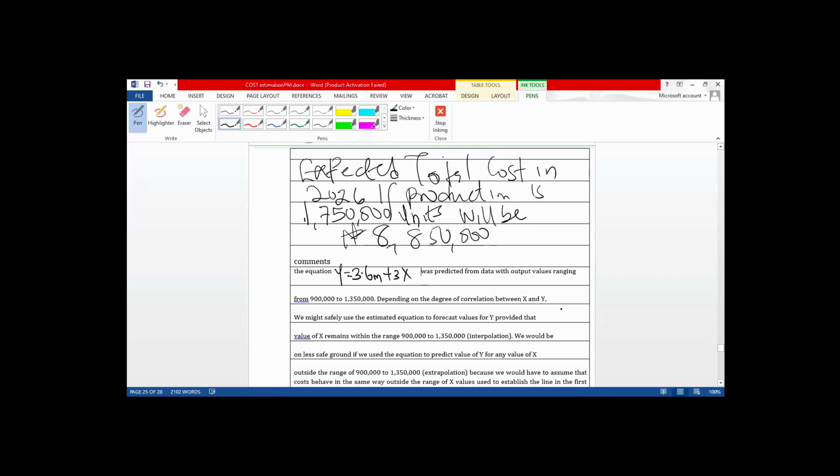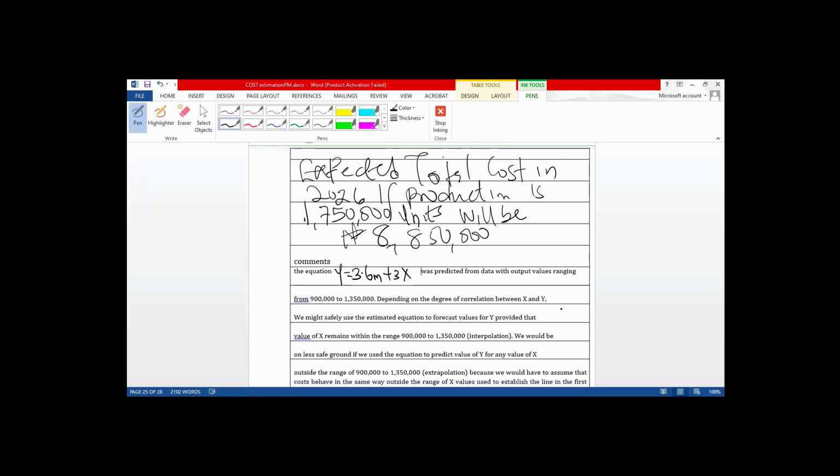Depending on the degree of correlation between X and Y, we might safely use the estimated equation to forecast values for Y.